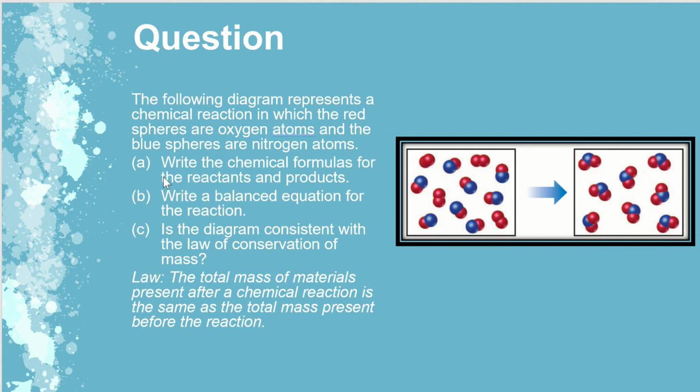So part A says write the chemical formulas for the reactants and products. Part B says write a balanced equation for the reaction. And part C says, is the diagram consistent with the law of conservation of mass? So before we get to the last two questions, let's look at the first one.